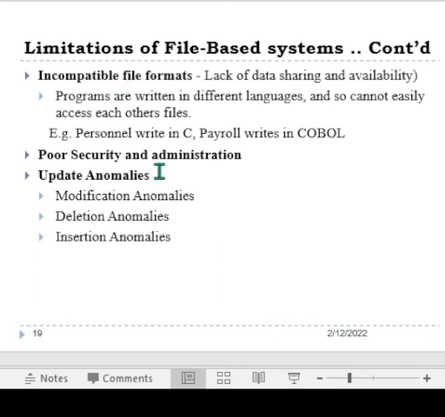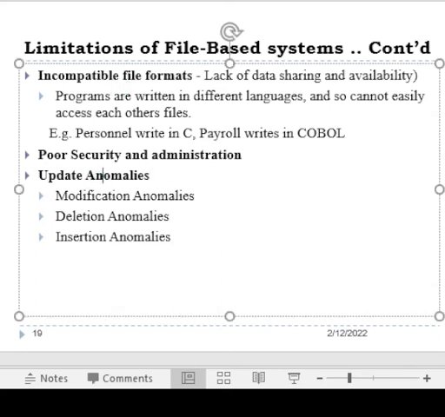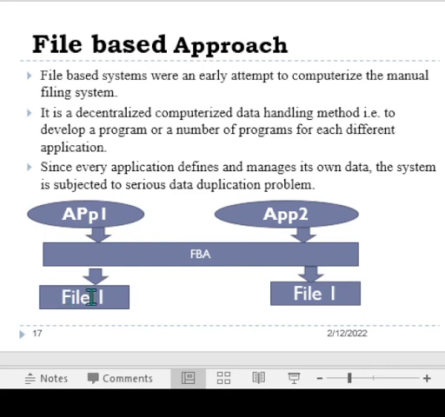And there is poor security and administration, and update anomalies, that means during modification, deletion, and insertion. For example, if this file is updated using application 1, from application 2 this file is not updated at the same time. In a file-based system, if one department is updating a file, the other department has no idea about the update of file 1.